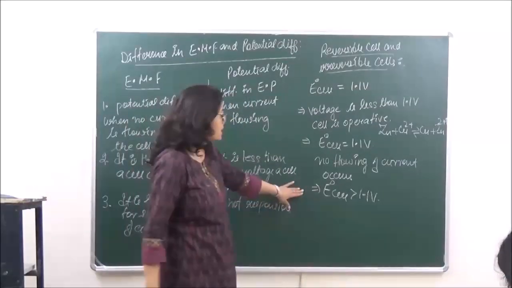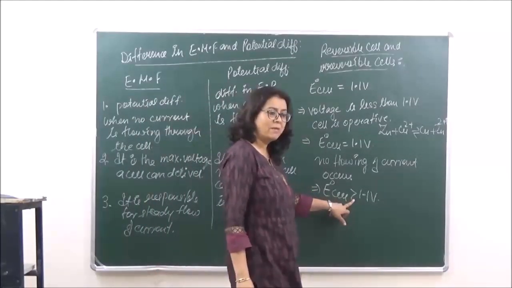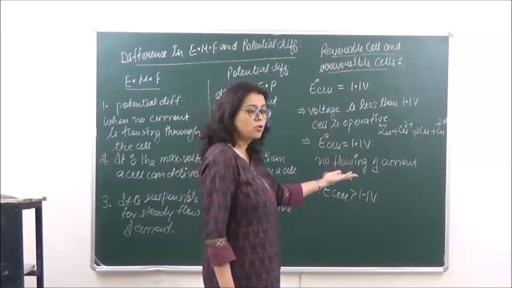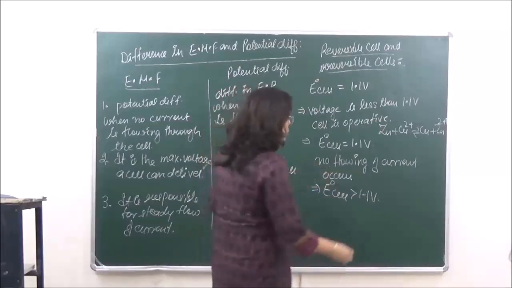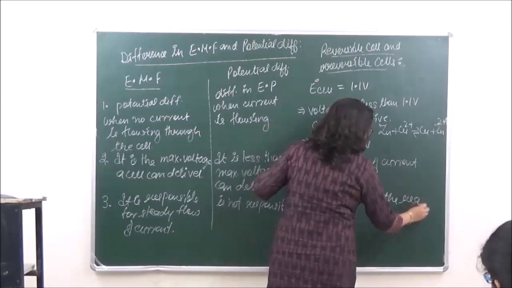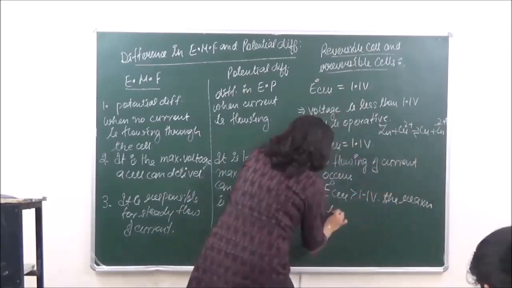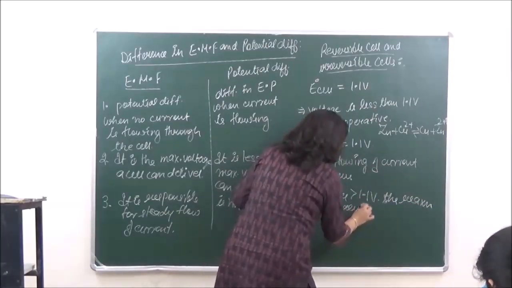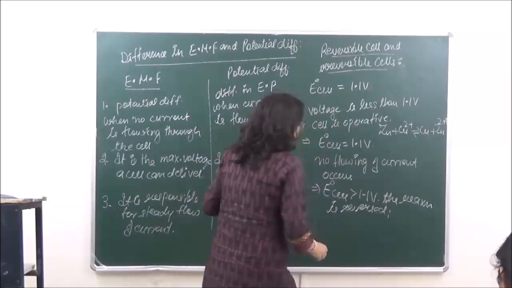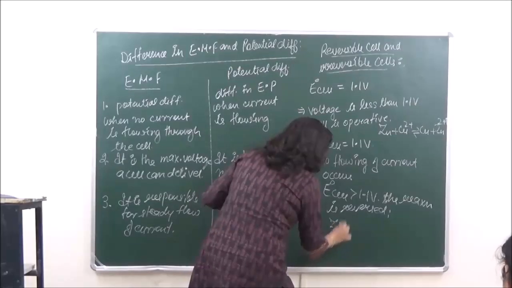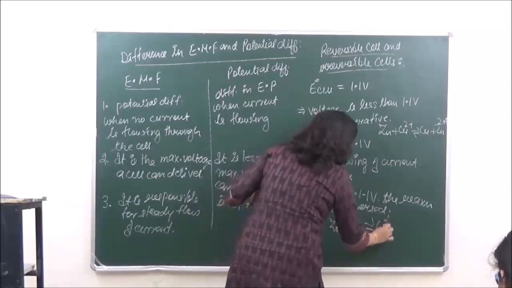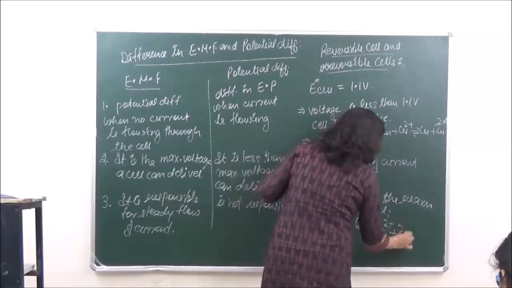Now once the E naught cell is greater than 1.1, in that case the reverse reaction is going to take place. Okay, so the reaction is reversed. That is, the reaction would be Zn2 positive plus Cu to give Cu2 positive plus Zn.